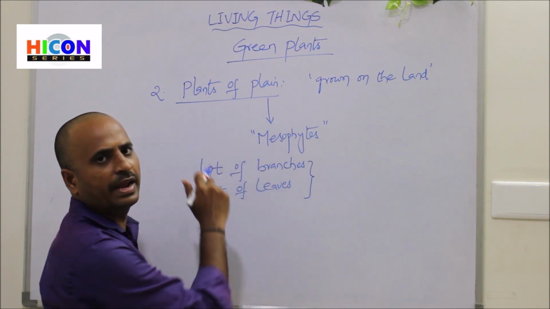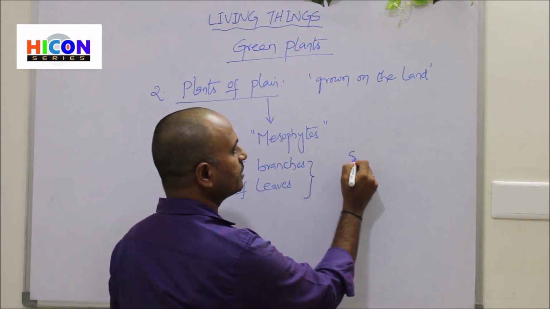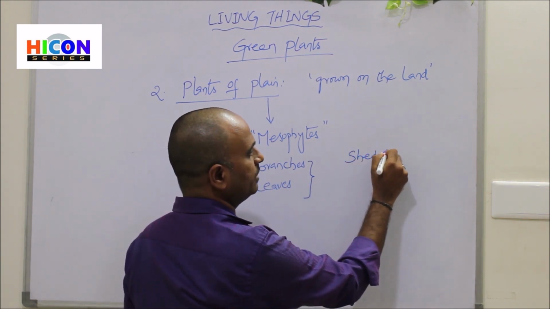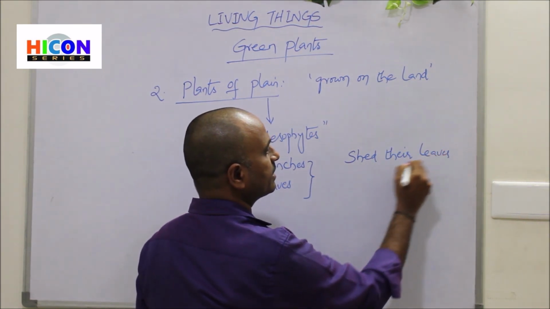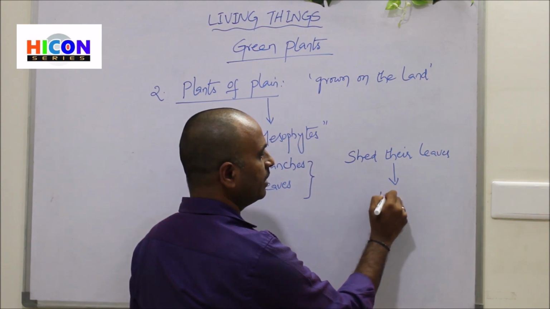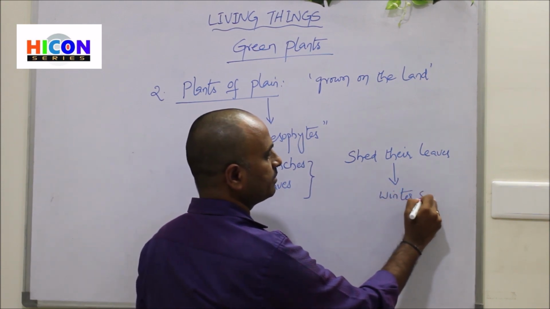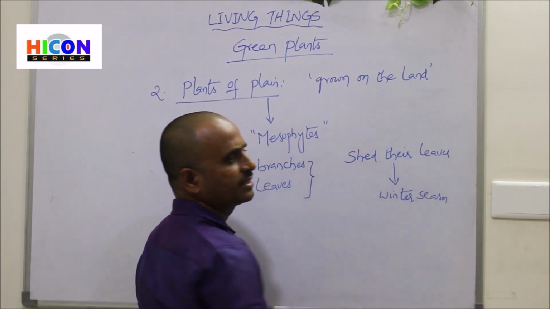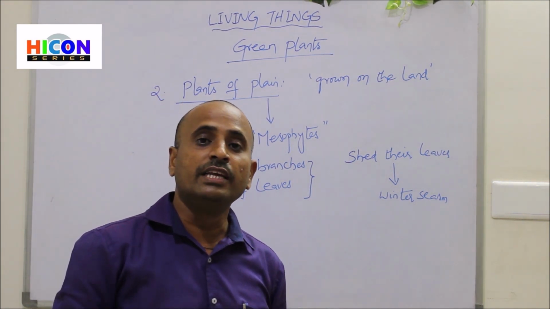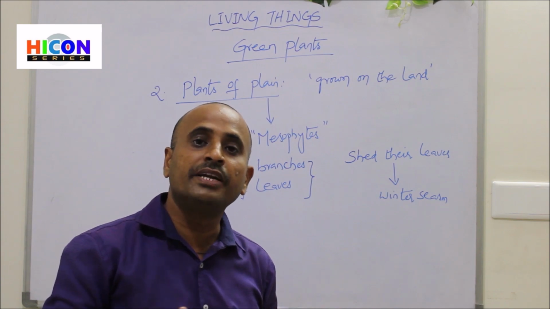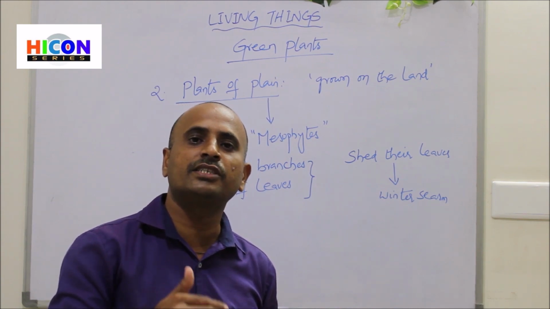And these plants shed their leaves in the winter season to prevent the loss of water. They shed their leaves in winter because if the leaves are present, the process of respiration takes place.